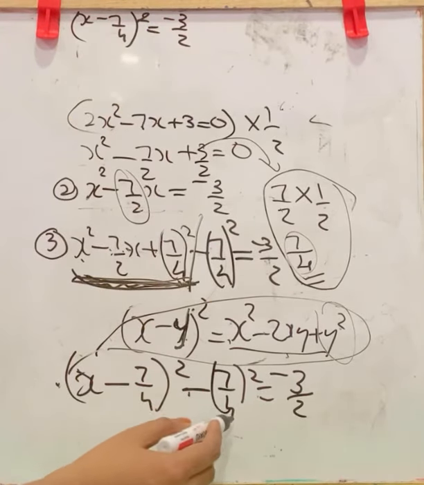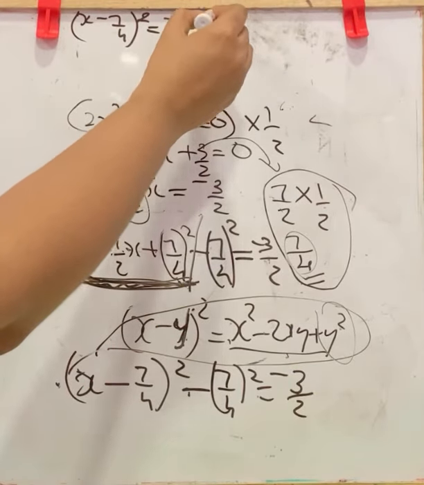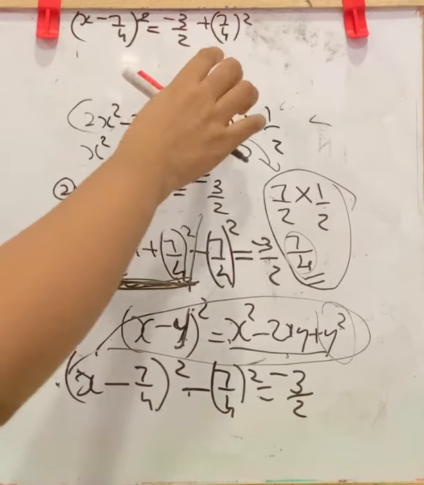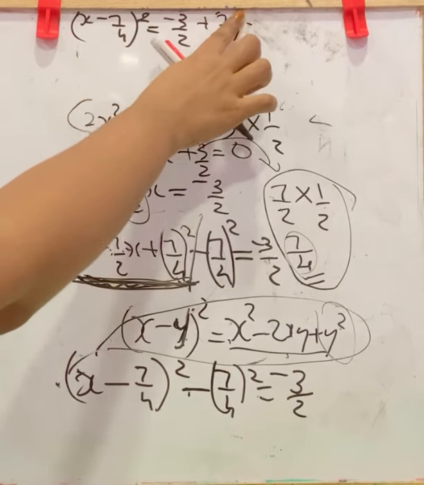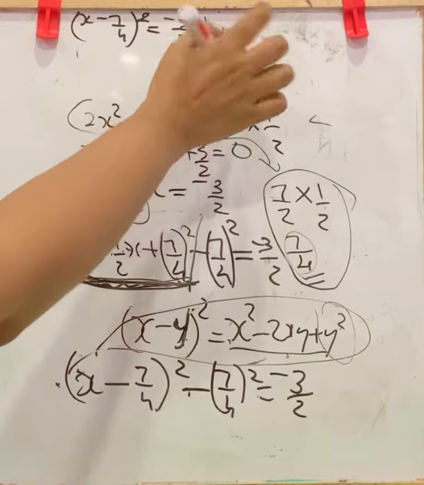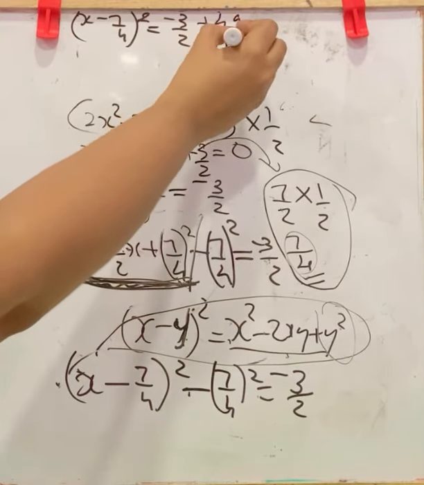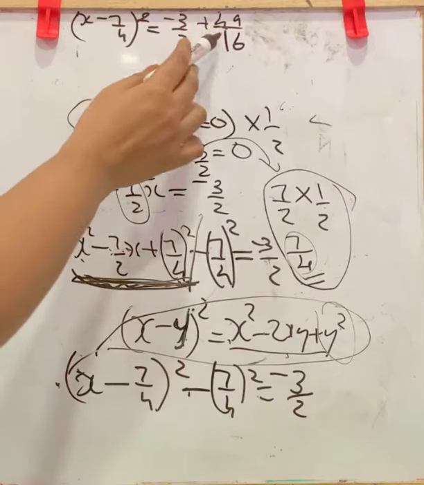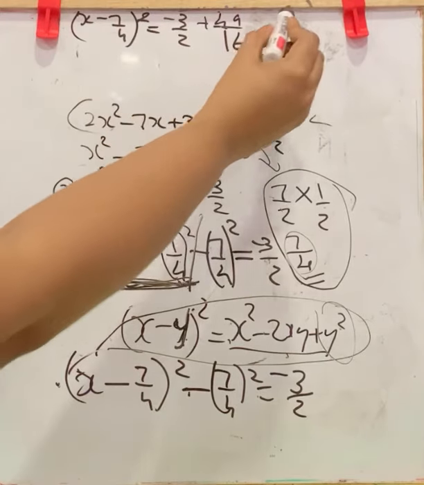This minus 7 by 4 whole square taking to RHS, it becomes plus 7 by 4 whole square. And whole square means squaring in numerator and squaring in denominator. It becomes 7 square is 49 by denominator square is 16. So 7 by 4 whole square we can write it as 49 by 16.